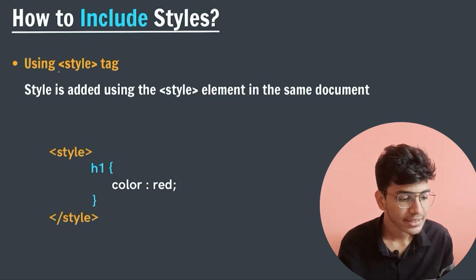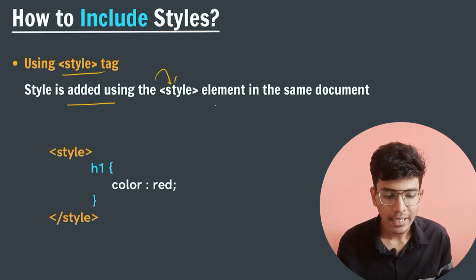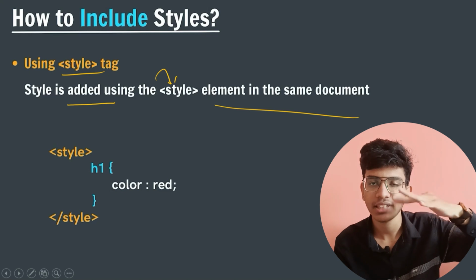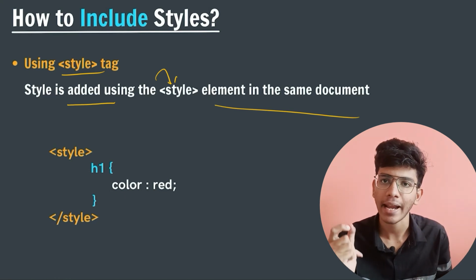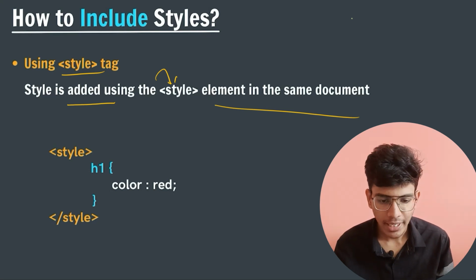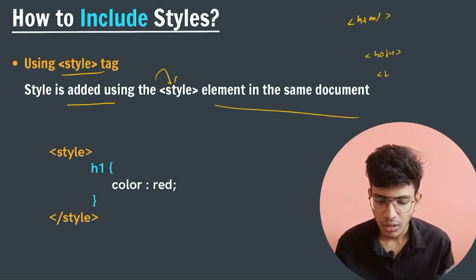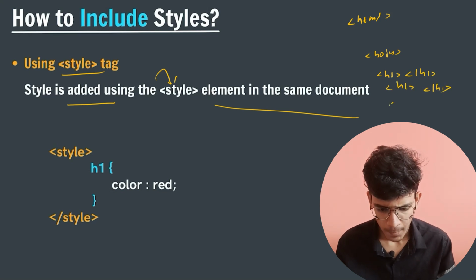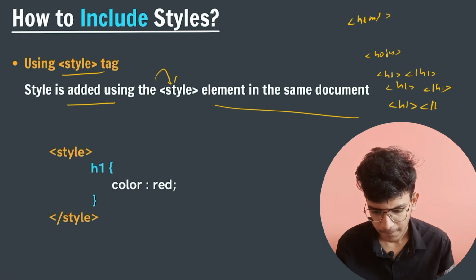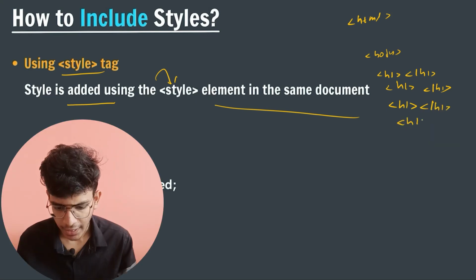The second method is the style tag. A style tag is added using the style element in the document. So in the head section, I will write a style tag. For example, this is my HTML document, and in the body I have h1 tags: h1 tag 1, h1 tag 2, h1 tag 3, h1 tag 4.